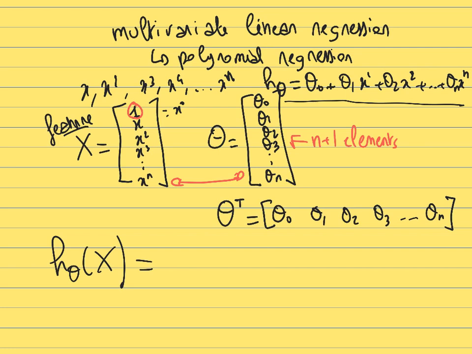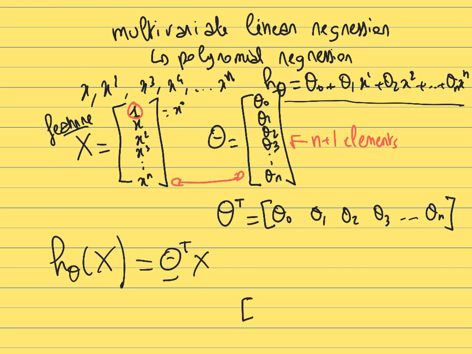We can express it as the product of the vector transpose of theta times x, where this is a matrix product. So as a reminder, when you do a product between two matrices, in this case you are doing the product between the transpose of theta.